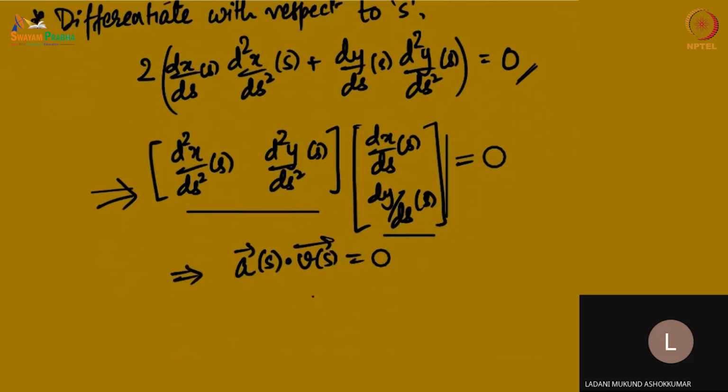So then I hope you recognize that this tells us that your acceleration vector and your velocity vector will be perpendicular to each other. The dot product being 0 means the two vectors have to be perpendicular.